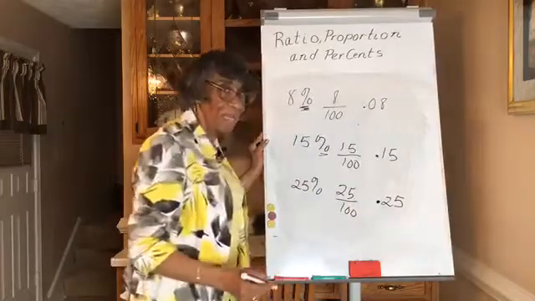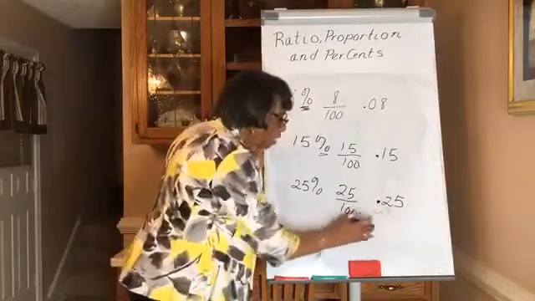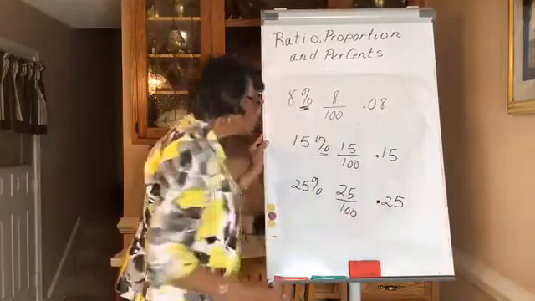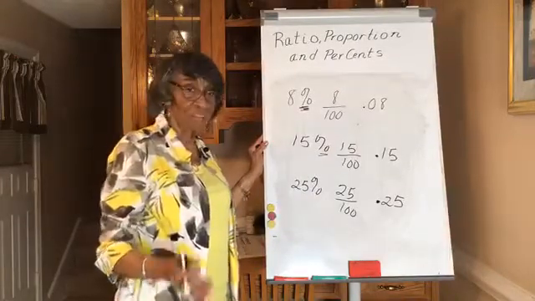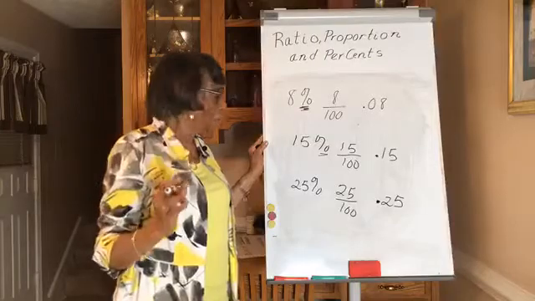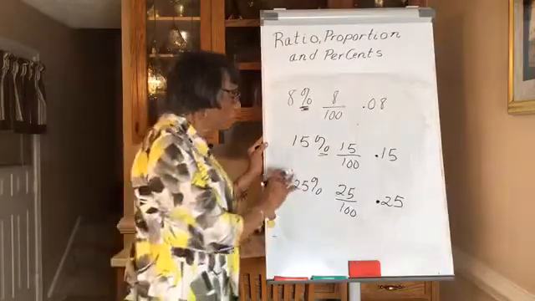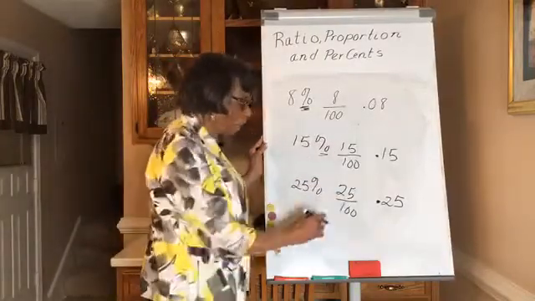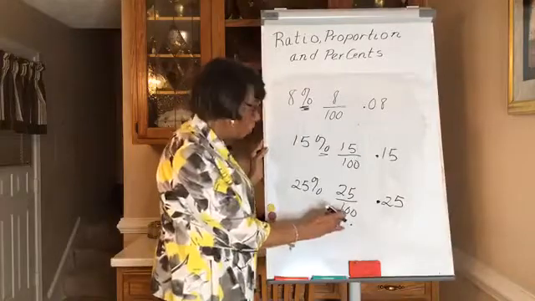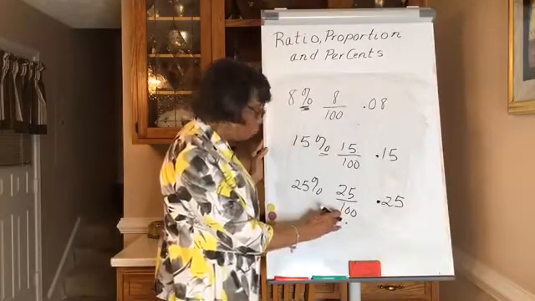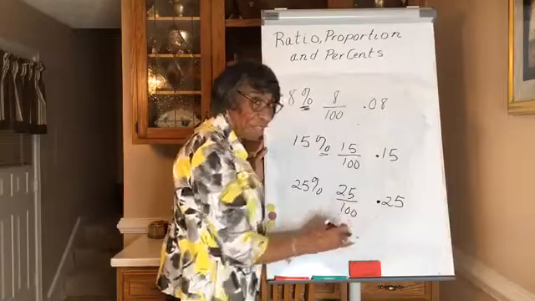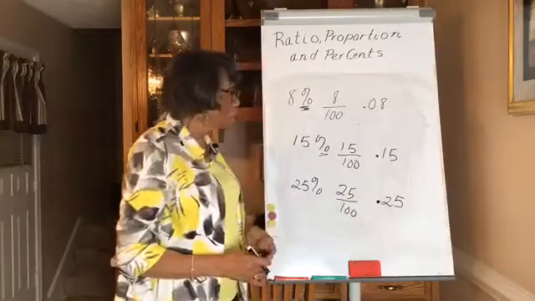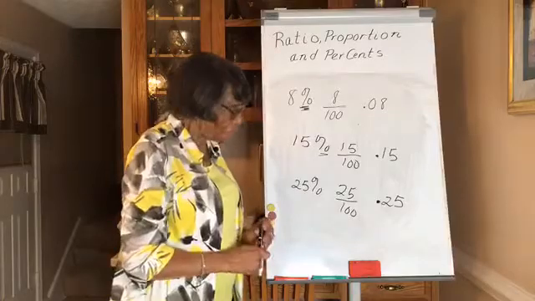And there are times that we use each of these in situations. So we need to understand that relationship, because there are problems that we're going to do that sometimes we want to use the fractional equivalent, and here we want to use the decimal equivalent.